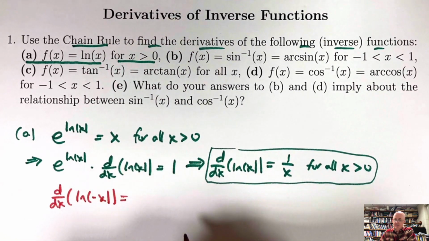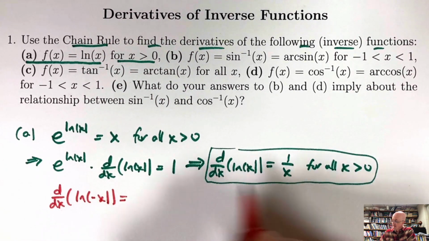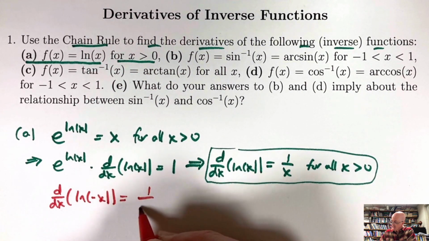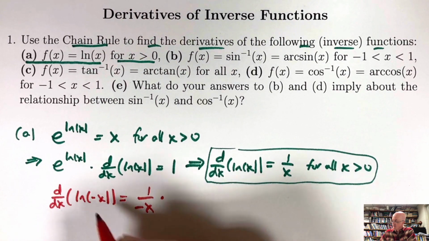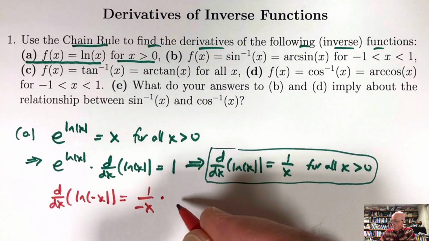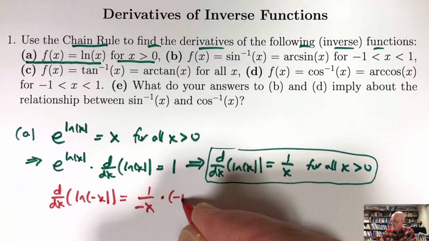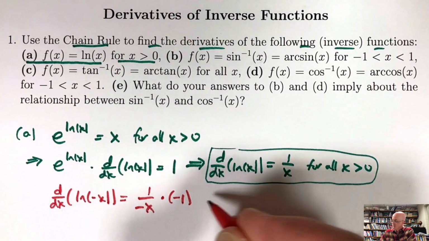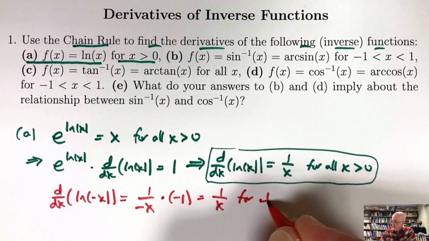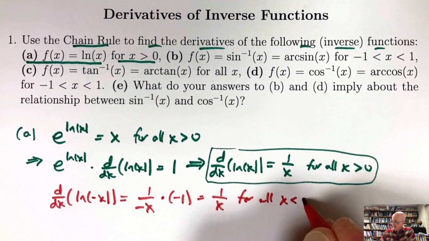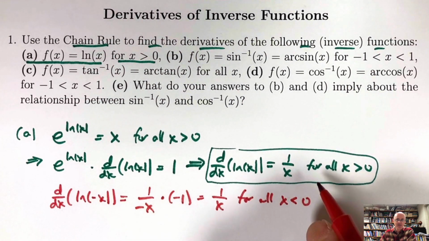The chain rule says take the derivative of the outside function, natural log of x, to get 1 over x, but then plug in the inside function, so replace x with negative x, then multiply times the derivative of that inside function. The derivative of negative x is negative 1. Those two negative signs will cancel, giving you 1 over x. This is true for all x less than 0. Hey, it's the same answer. Isn't that amazing?